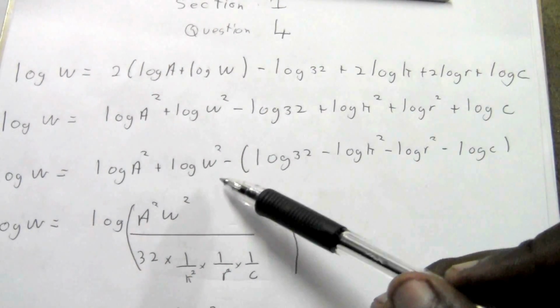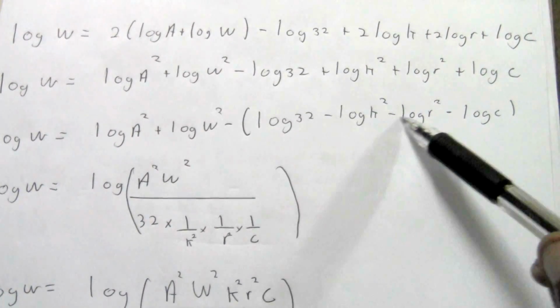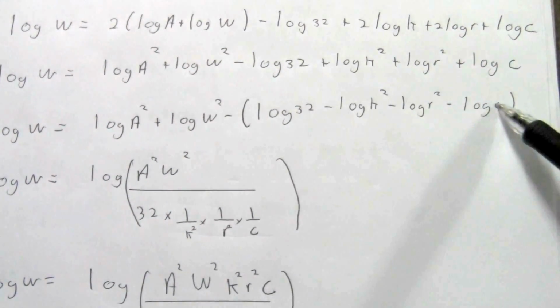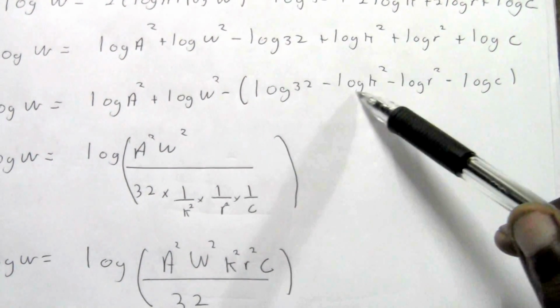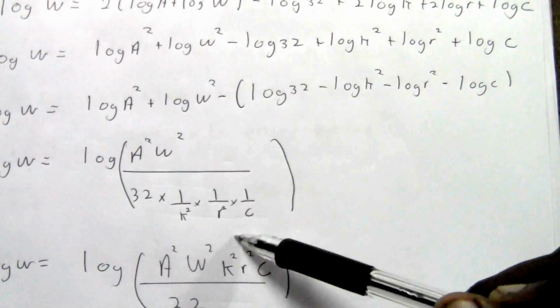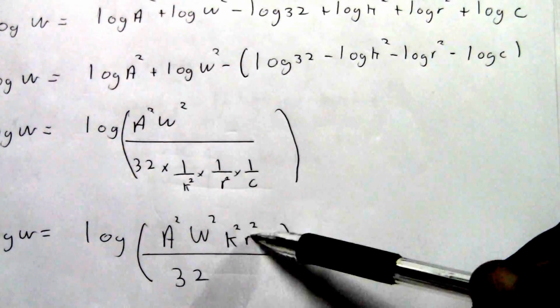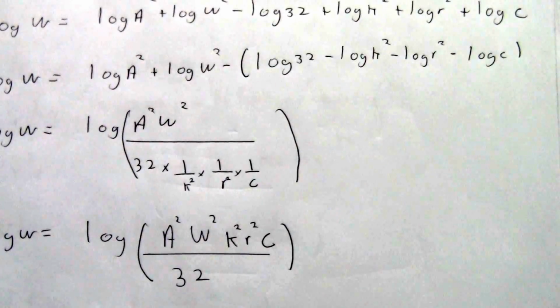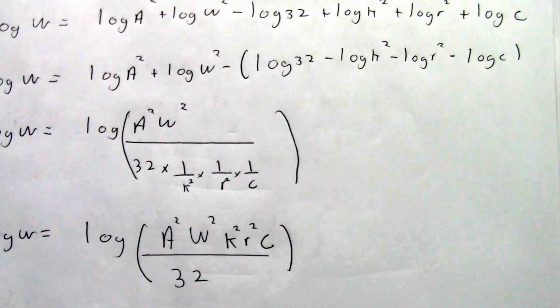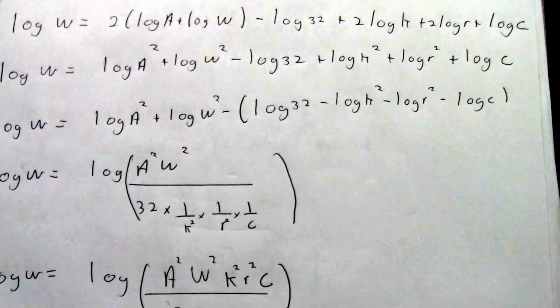And then we say this times this all over all of this, and then you relate this accordingly, which is 32 multiplied by 1 over k squared multiplied by 1 over r squared multiplied by 1 over c, which gives this.